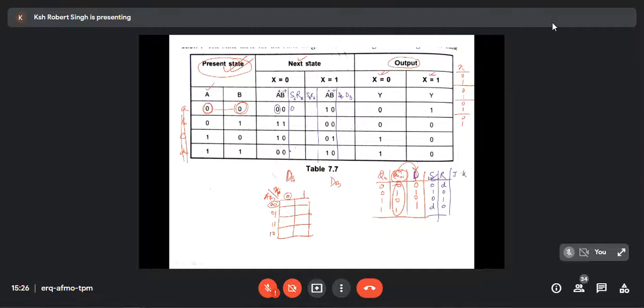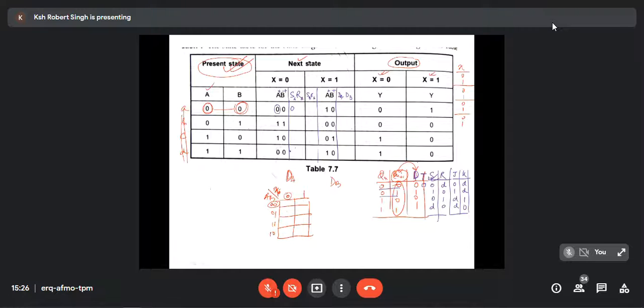And if it is JK, very simple. This is JK. And for the T flip-flop, toggle works here. Where is toggle? From here to here, no change, so 0.